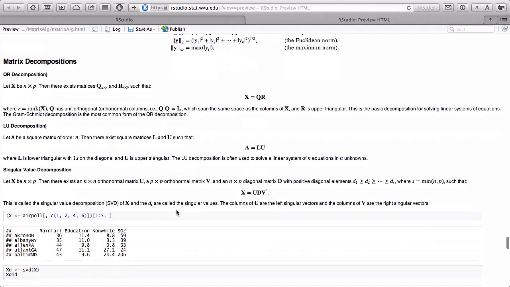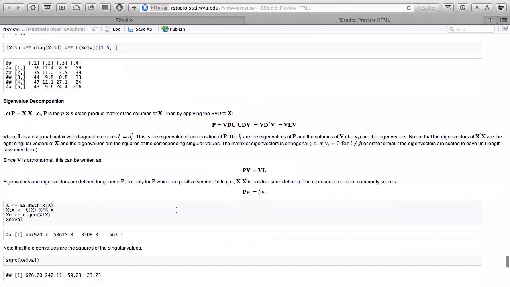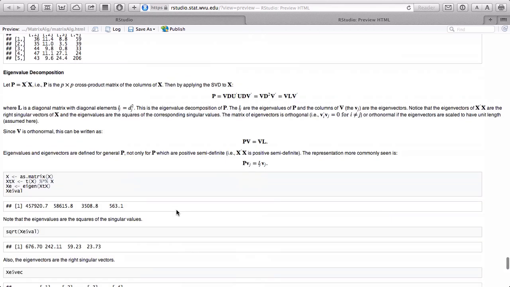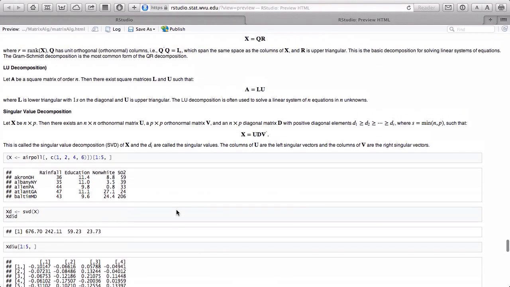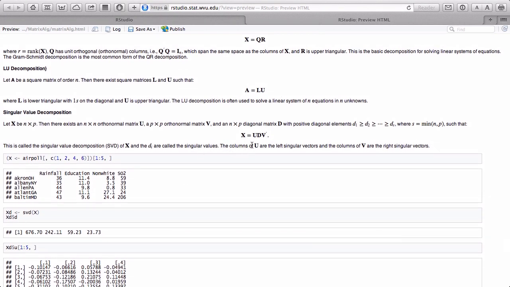I actually didn't cover the idea of the singular value decomposition. And that's perhaps the most important decomposition in statistics. This says you take a matrix X and it equals U, D, V prime, where both U and V are orthonormal or orthogonal, and D is diagonal.